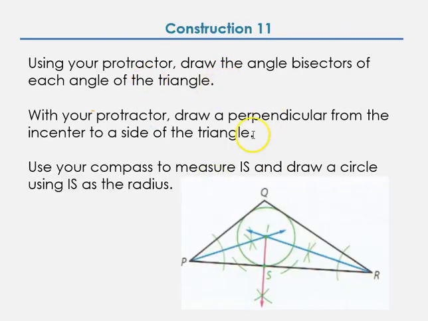Construction 11. Using your protractor, draw the angle bisectors of each angle of a triangle. With your protractor, draw a perpendicular from the incenter to the side of the triangle. So you bisect the angles, and then you take the point of concurrency and you draw a perpendicular to the side of the triangle.